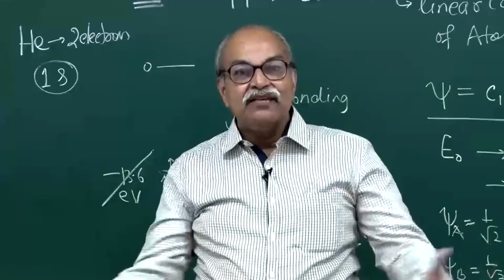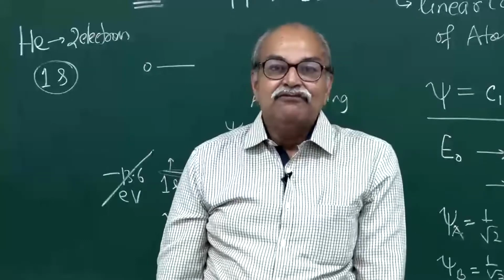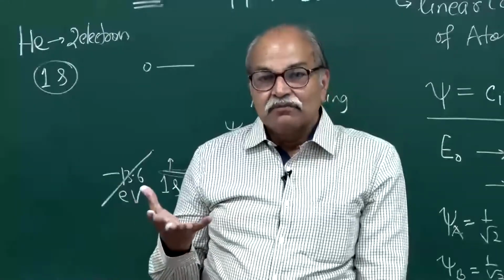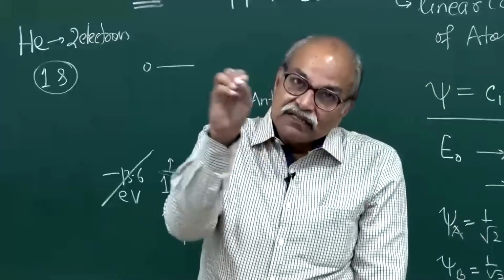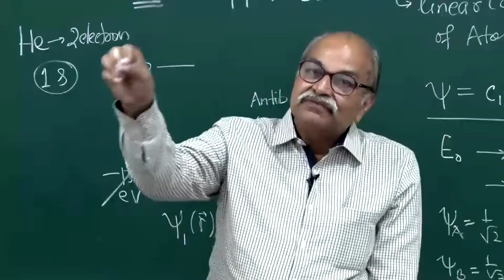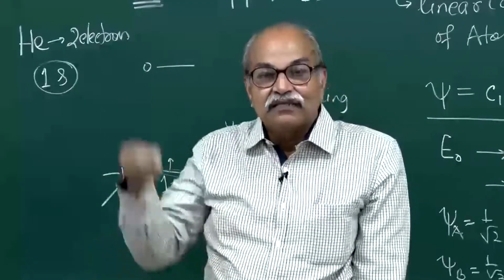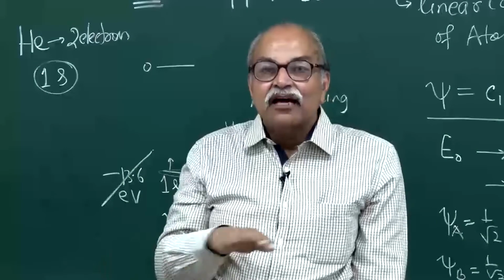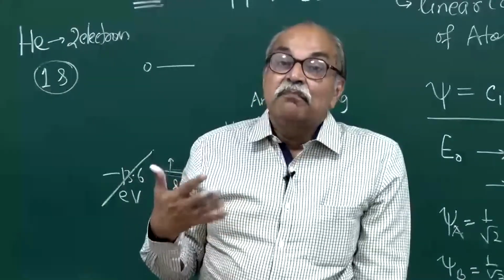So whichever way you go, you end up with the result that if the atoms are brought closer to each other so that the electrons start feeling the presence of other atoms, electrons of other atoms, other nuclei, then these sharp energy levels are split into energy bands.